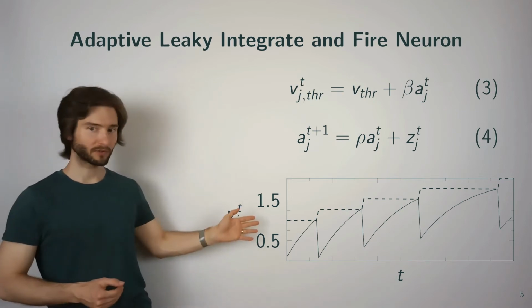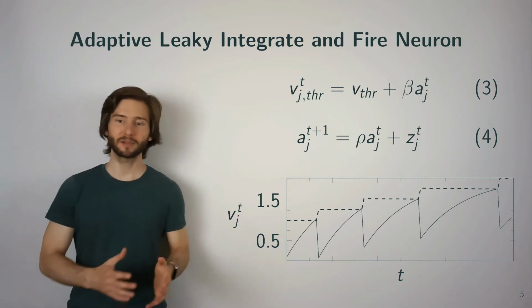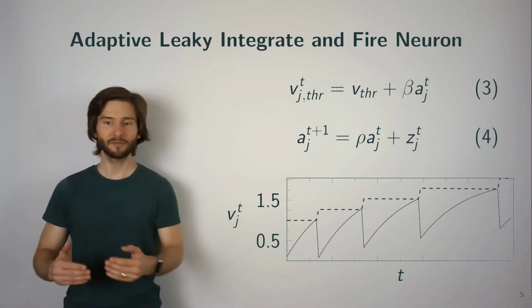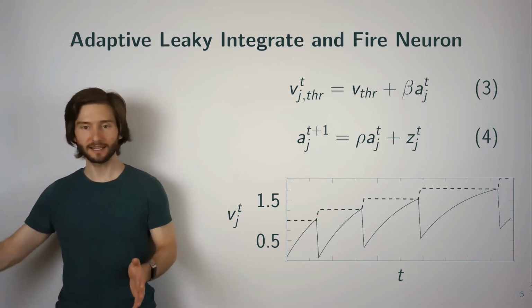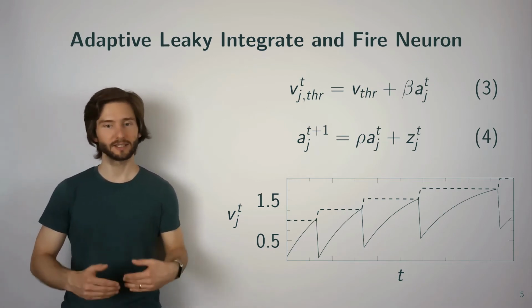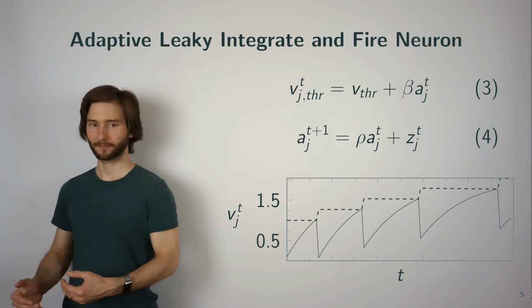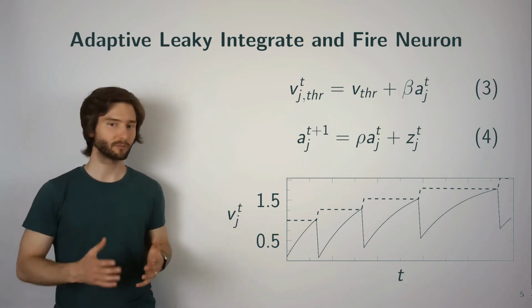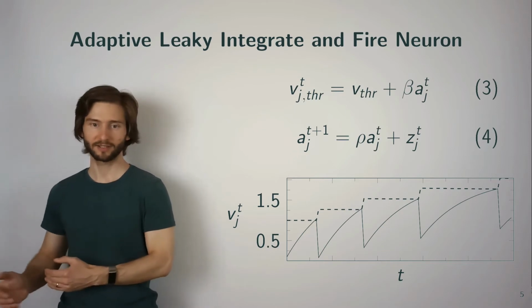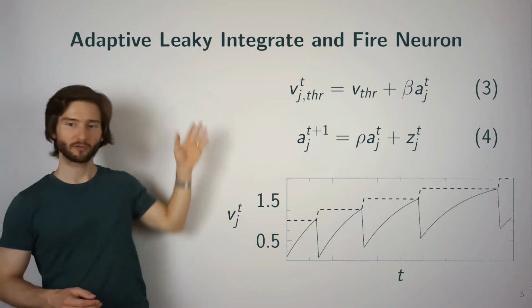And here in the bottom graph you can see that the adaptive leaky integrate-and-fire neurons simulate this behavior, where the time between successive spikes increases when the neuron receives a constant input current. And this behavior is generated by increasing the base threshold for each individual neuron, based on equations 3 and 4.